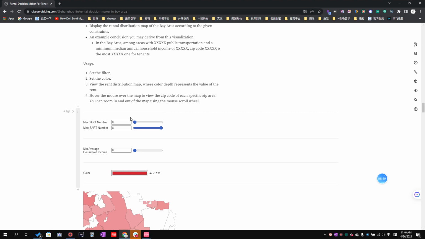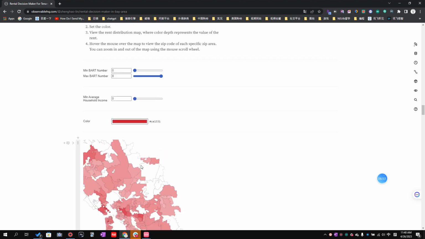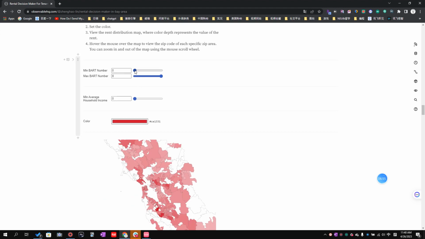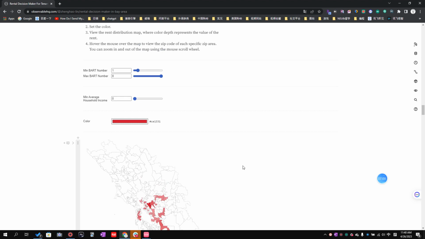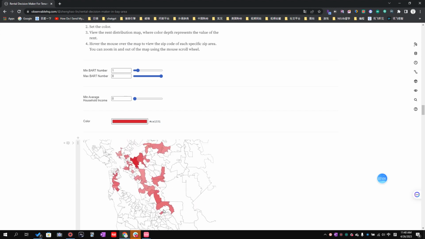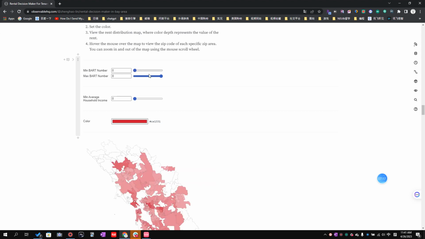You can set the variables in the filter to limit the visualization. For example, if you want to live in areas with at least one BART station in it, then you can set the minimum BART number here to 1, and you can see the areas without BART stations are filtered out. For me, I don't want to live in areas with BART stations, so we set the minimum and maximum both to zero.